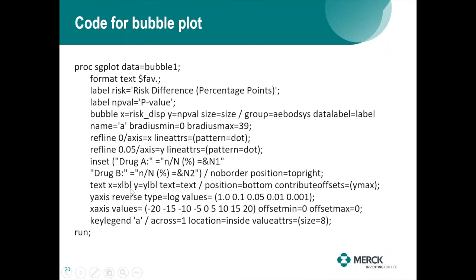We are naming the statement with A, and we are referring to that, so that's why we need to use keylegend. I positioned it inside, and for the size of the labels, whatever font size I have to use for the SOCs, I gave the valueattrs option with size equal to 8. That's how we create the bubble plot.